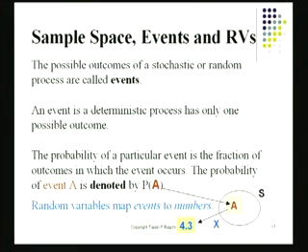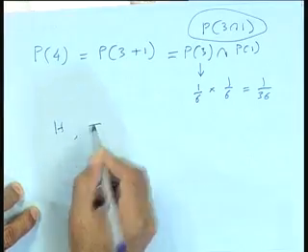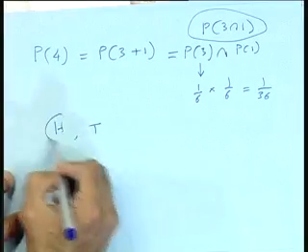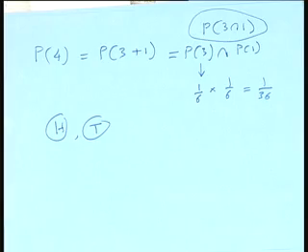Let's get down now and very quickly define what we call sample space, events and random variables. This sample space actually is the set that consists of all the outcomes. For example, when I'm tossing a coin, there are only 2 outputs possible, head and tail. So the sample space here consists of head and tail only. These are the only 2 outcomes when it comes to tossing a coin.